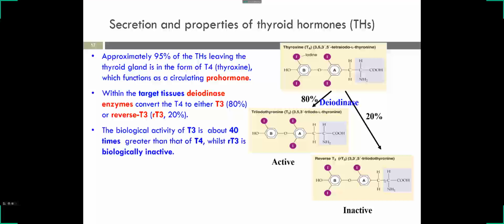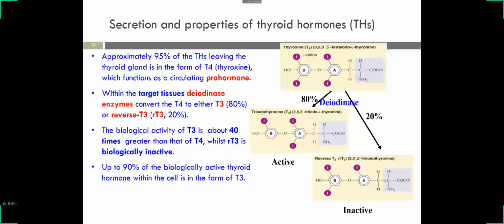Just to give you a sense of how active T3 is, it is about 40 times greater than T4, and RT3, the reverse T3, is biologically inactive. 90% of the biologically active thyroid hormone within the cell is in the form of this active T3.